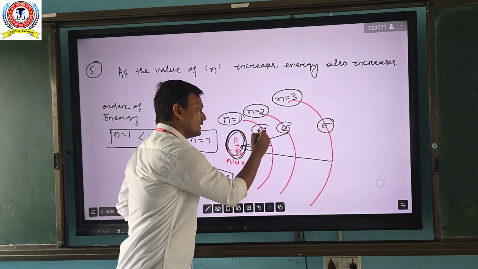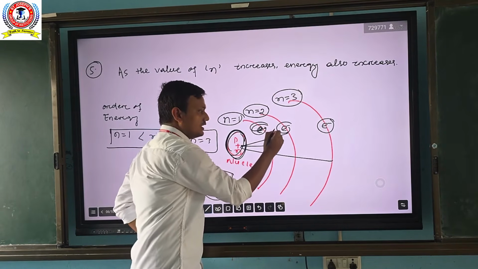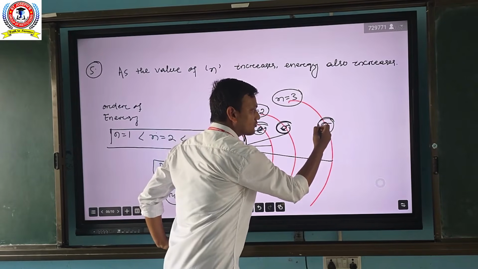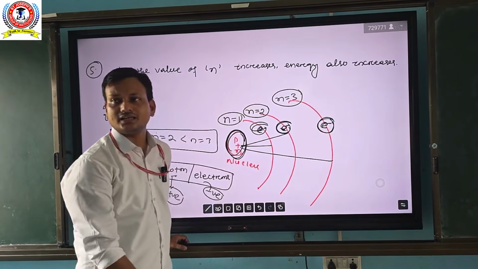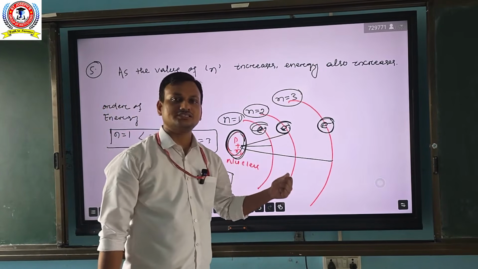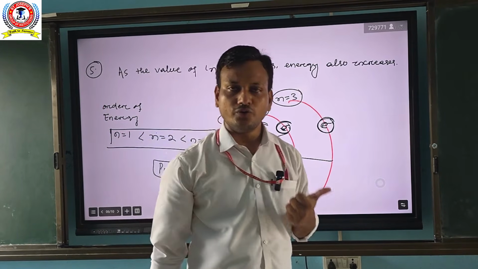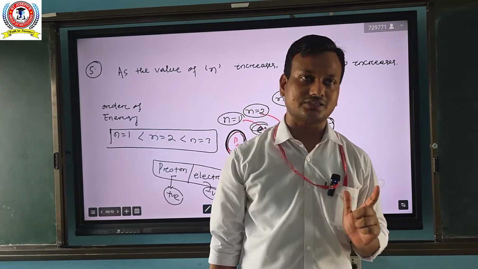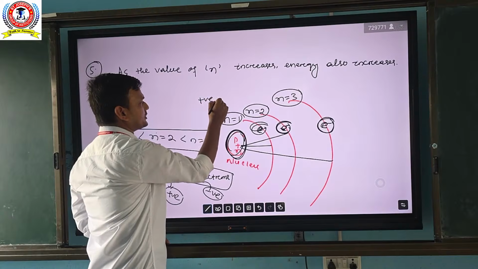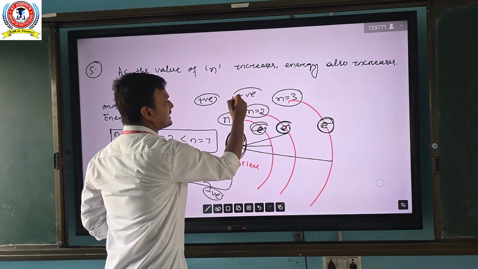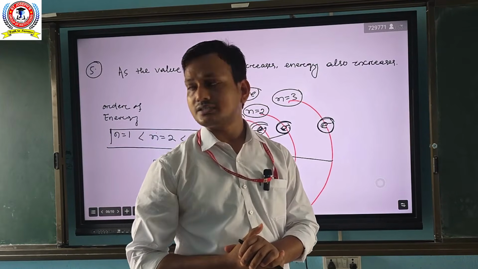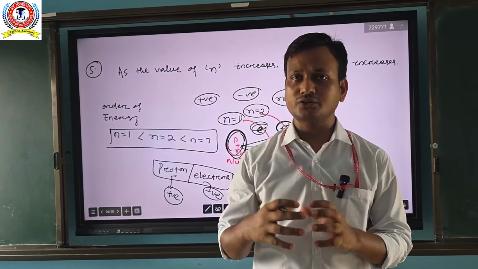Suppose an electron is present in the first shell, and an electron is also present in the second shell and in the third shell. My question is, which electron feels more attraction and which electron feels less attraction? We know that there is an electrostatic force of attraction between positive charge and negative charge, and this force is linked with the distance.